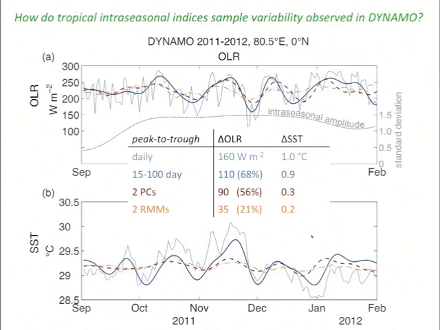So the global indices are the most efficient representations for global patterns, and they're definitely important for doing subseasonal forecasts, but they're not necessarily exactly what we see when we go out and do a field experiment in one spot.